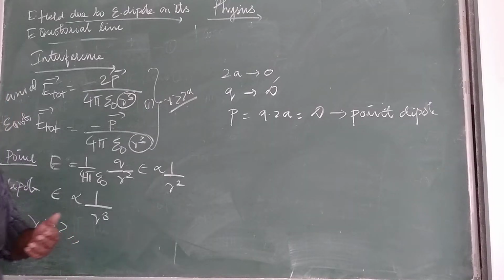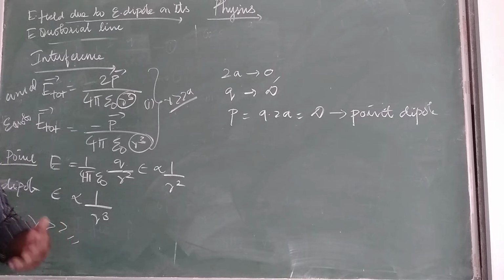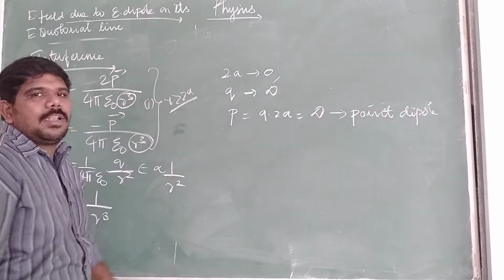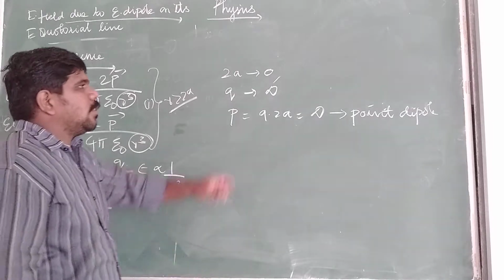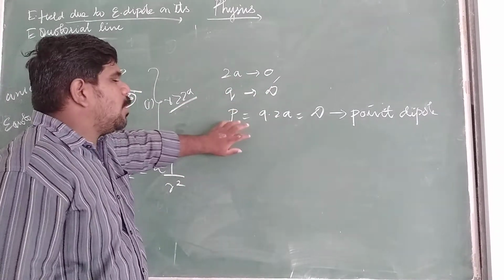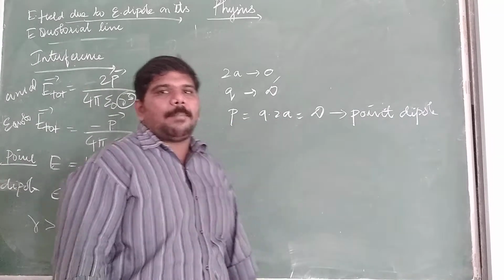The electric field due to a dipole becomes zero much faster when compared to the electric field due to a point charge, and both the equations are valid only for larger distances r greater than a. Since 2a tends to 0 and q becomes infinite, the dipole moment p equal to q into 2a becomes infinite. That's called a point dipole.